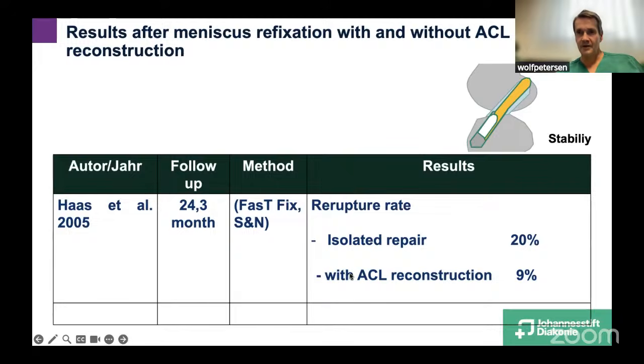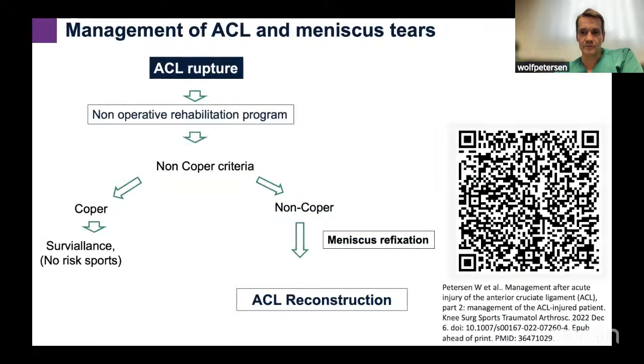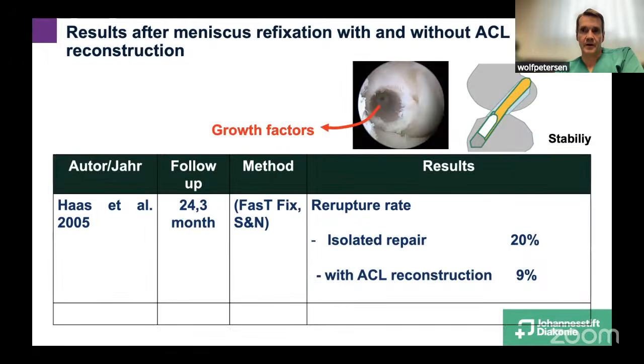First, stability is a better environment for the meniscus to heal. But the other thing could be, as I showed you on the previous slide, that the growth factors which come into the joint due to drilling of the femoral and tibial tunnel could also stimulate healing of the meniscus, as you can see here.